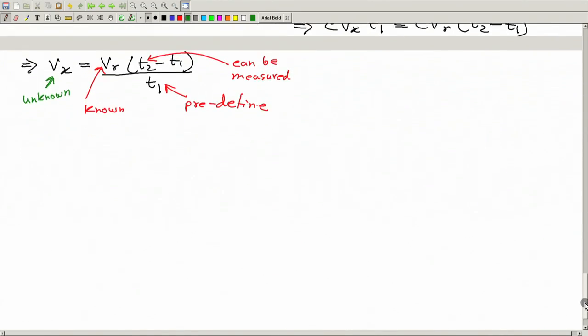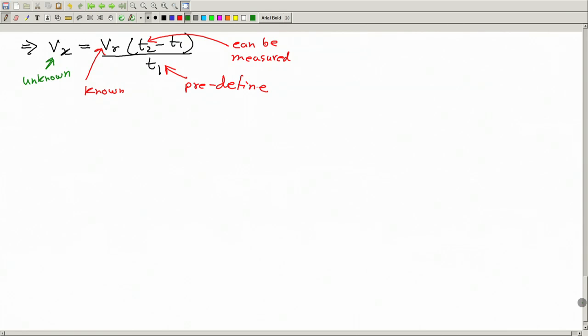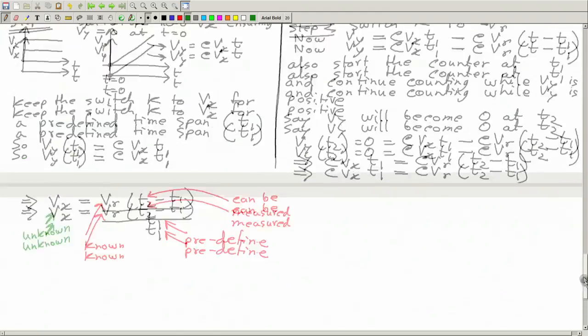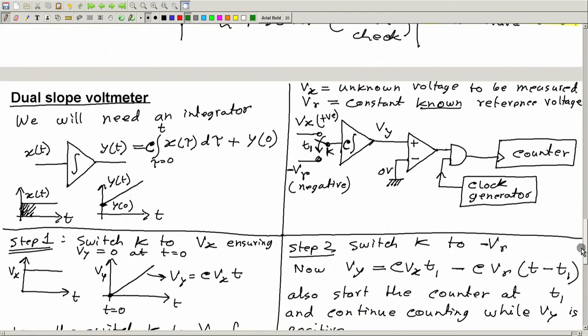Okay. Let me also tell you, to make it maybe possibly more clear, let me explain this again with some timing diagram.